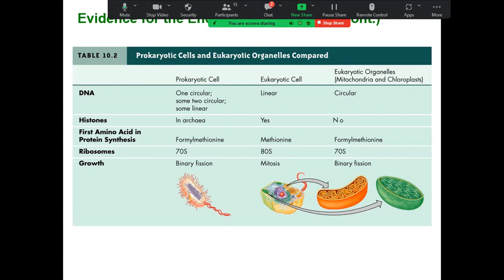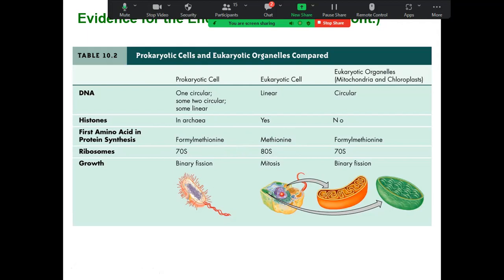When we look at the first amino acid that is made in protein synthesis in eukaryotic cells, it's methionine. I haven't ever mentioned it, but in prokaryotic cells, it's not methionine. It is a related amino acid, and it's formylmethionine.